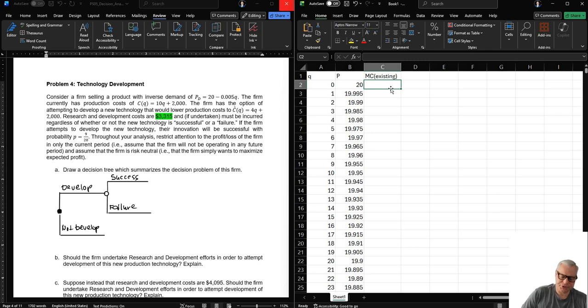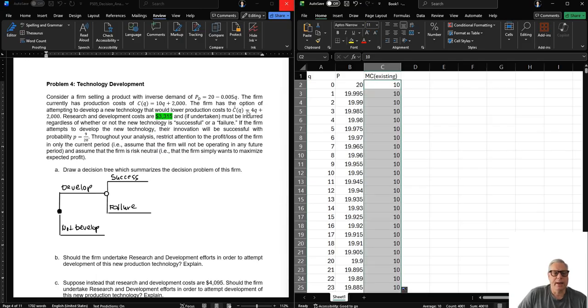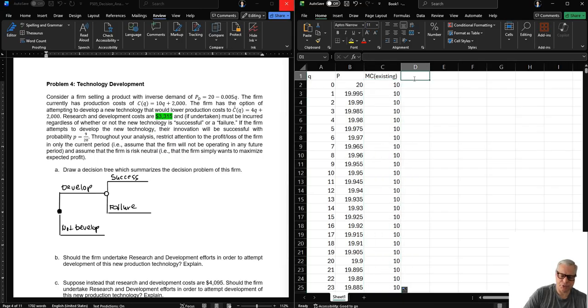And that is just 10. So we can write everywhere 10. And if things go well, we could have marginal cost if success, that would be 4. Okay.